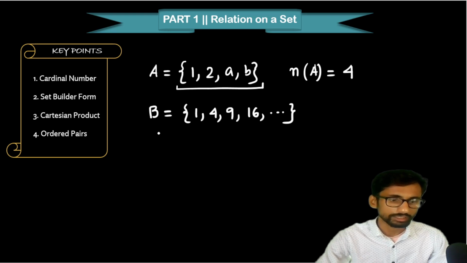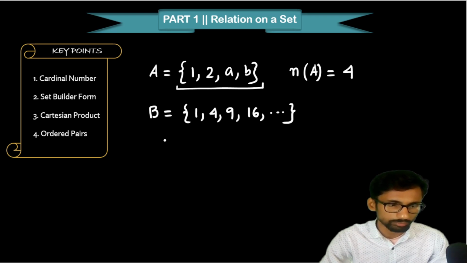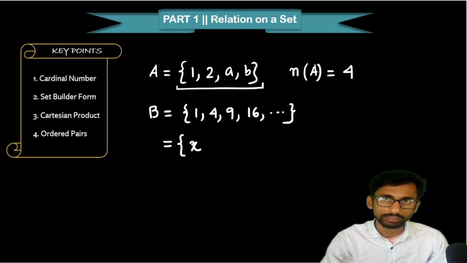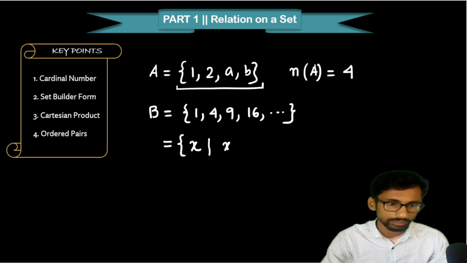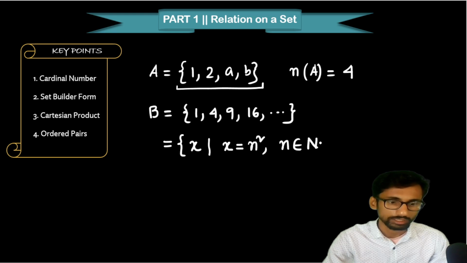But this set can be represented very simply with the use of set builder form as B = {x : x = n², where n belongs to capital N, or natural number set}.